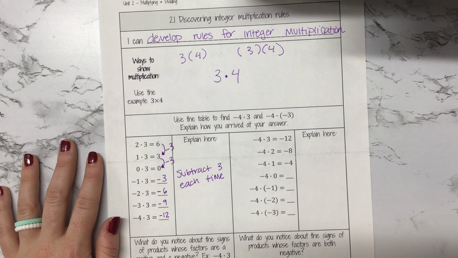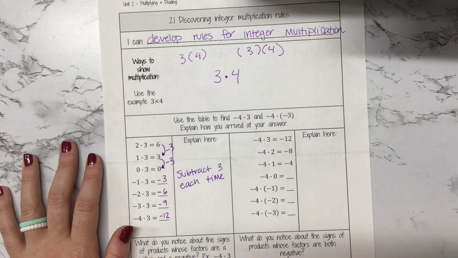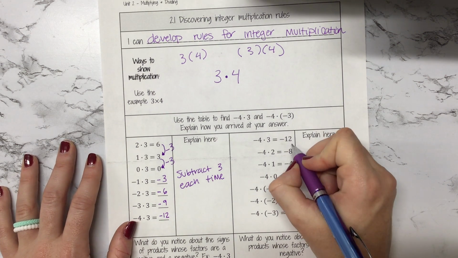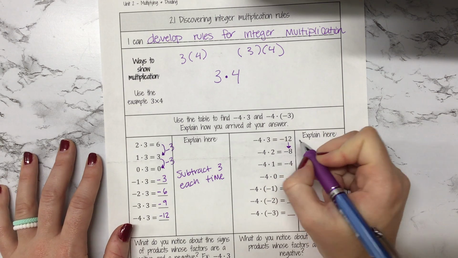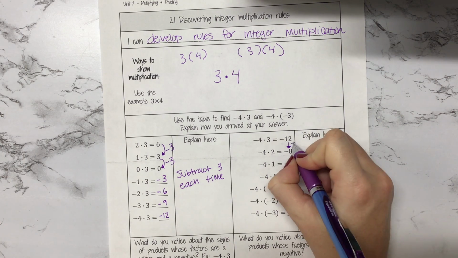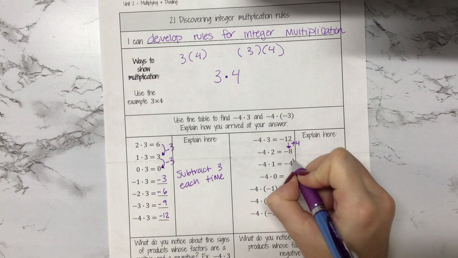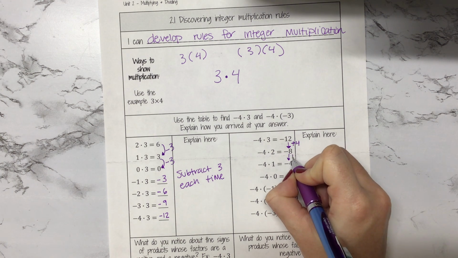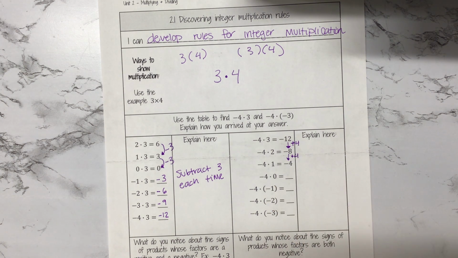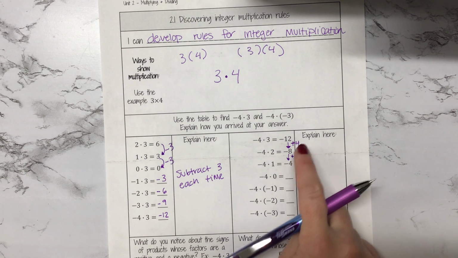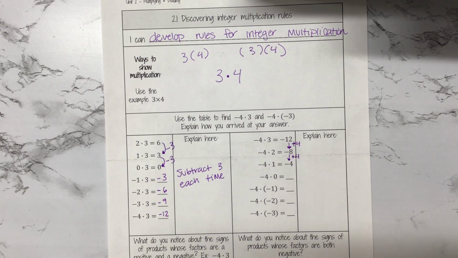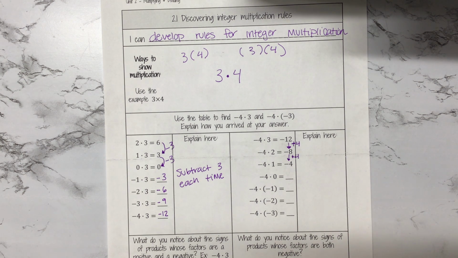Okay. So from negative 12 to negative 8, I'm adding 4. From negative 8 to negative 4, I'm adding 4. So I want you to pause in a second and fill in the rest of the table and explain. So go ahead and pause and fill it in.